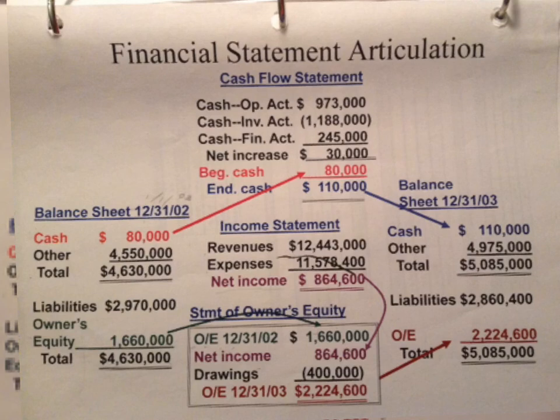You could be off by $1, which is a rounding error, and you have to figure out, what can I do about that $1? We will use this financial statement articulation in a couple of exercises that we have. And for the next year, 2004, you're going to start with your balance sheet as of 1/1/2004. And fiscal years go on as we assume the business will be continuing indefinitely.